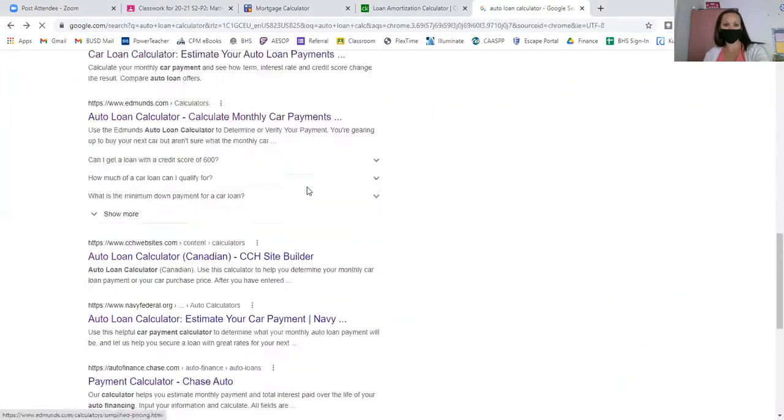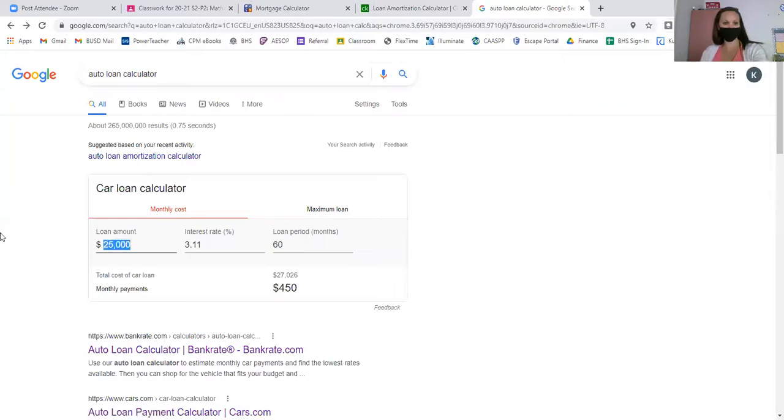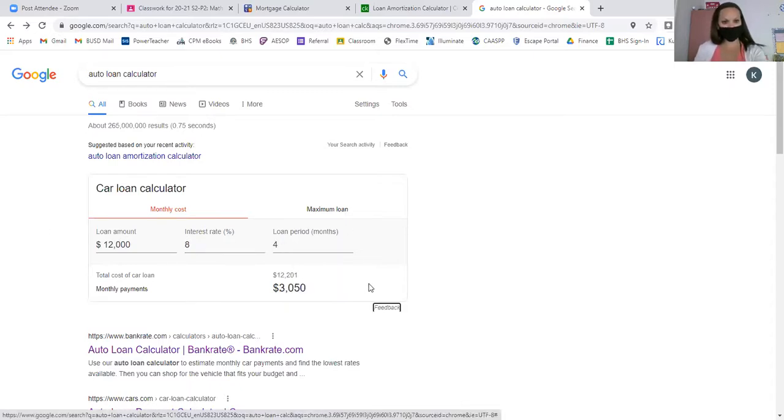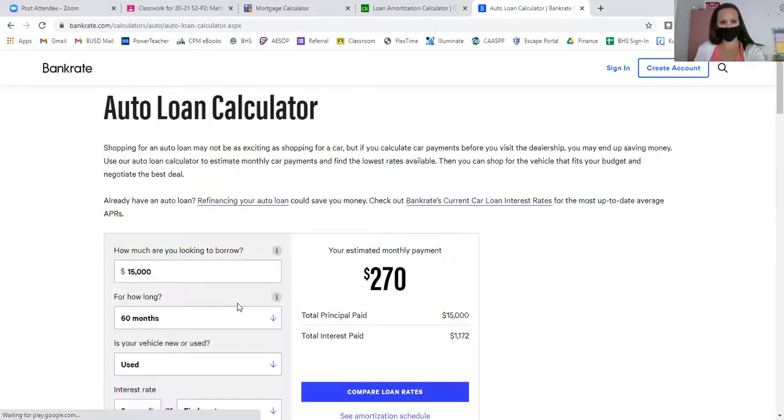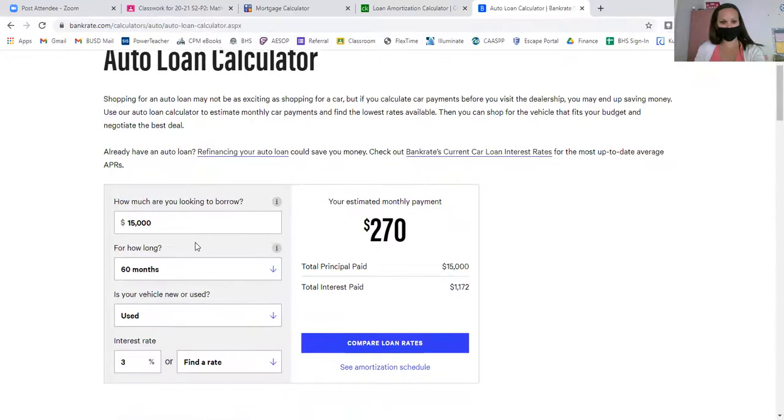So again, some are better than others. If I just did this one, we want our loan for $12,000 with an interest rate of 8% for 4 years. See, this one is giving slightly different numbers. Okay, Bankrate.